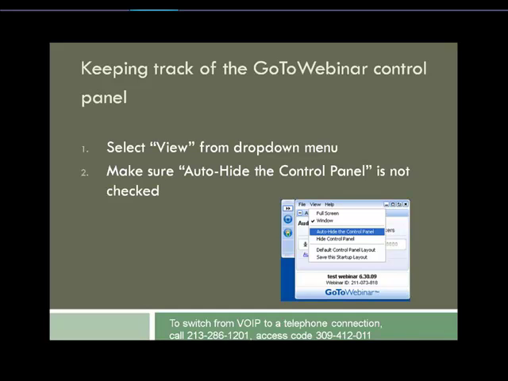If there's a checkbox or a little check by it, your control panel will disappear, and you might not know where it's gone during the presentation, which might make it harder to find the question pane. So make sure it doesn't say Auto Hide the Control Panel.